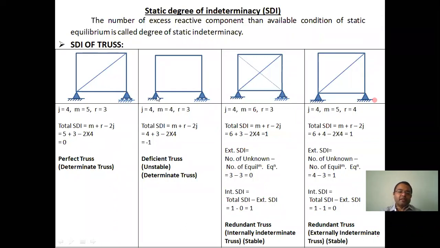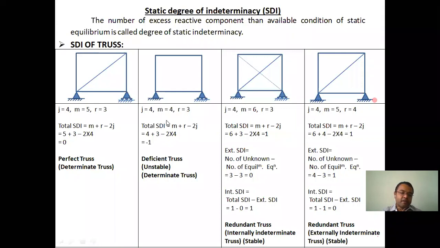Next, I consider a truss where I have just removed this member. Again, first of all, write the number of joints, the members, then the number of unknowns, and put all these values over here. You are getting the answer minus 1.